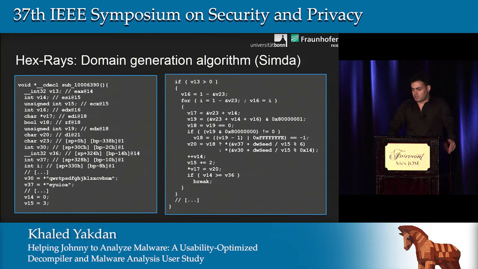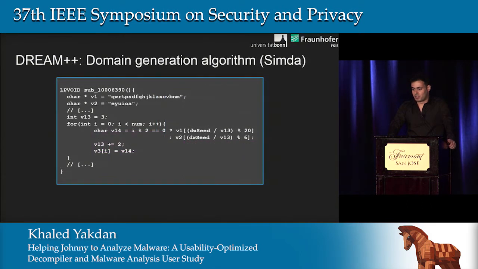Here you see a lot of variables in the code, complex expressions, and complex expressions with pointer arithmetic. The automatic transformations we built in the paper produce much simpler code. Here you can easily see that you have two arrays of characters, and a simple loop that chooses between these two arrays depending on the parity of the loop counter.